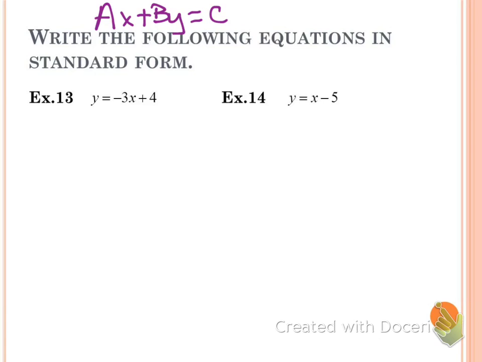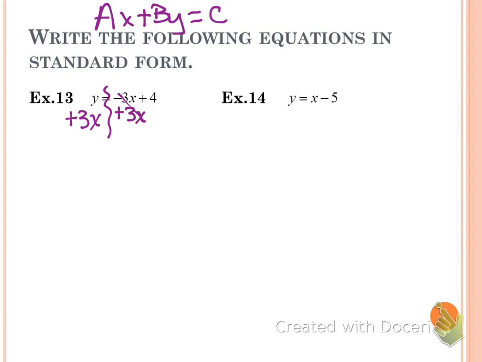Ellie, what do you think? 3x on both sides. Good. I want the 3x to join the y. So right now it's a negative 3x. So to get it to zero out, I would add it. But if I do it to one side, gotta do it to the other side.